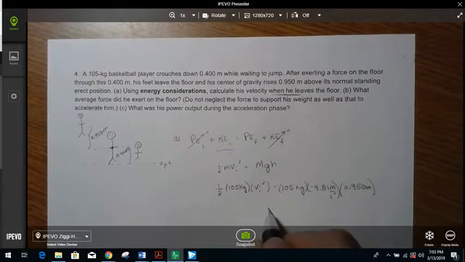If we do the math here, we come out with an initial velocity of 4.32 meters per second.